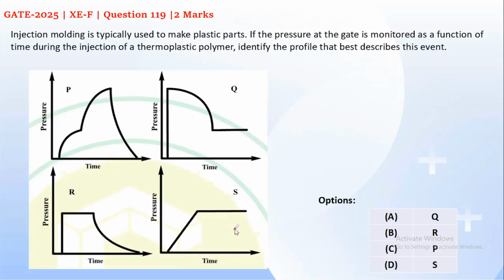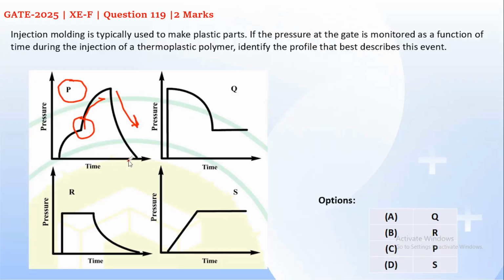So profile P contains all 3 stages which I have described. There is a rise during fill, then a distinct switchover peak, from here to here, and decay during the cooling or holding.